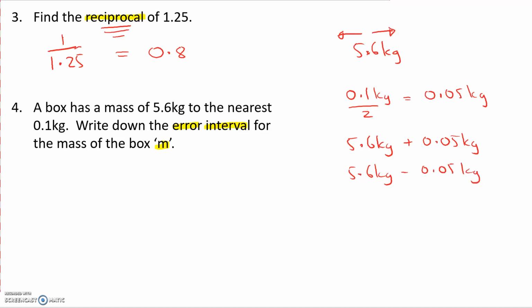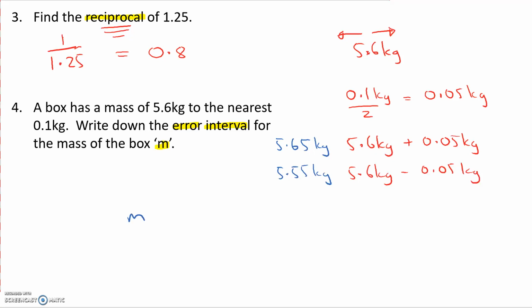So what do those numbers give us? Well, 5.6 kilograms plus 0.05 kilograms, that's going to give me 5.65 kilograms. That's the biggest it could be. And this is going to give me 5.6 subtract 0.05 kilograms is going to give me 5.55 kilograms. That's the smallest it could be. So how do we write that as an error interval? Well, we write M, the mass, between these two numbers.